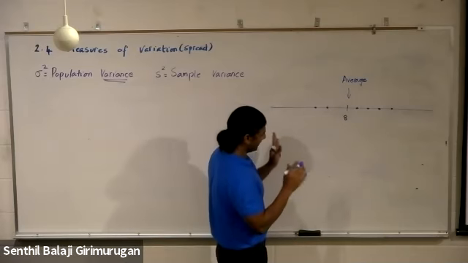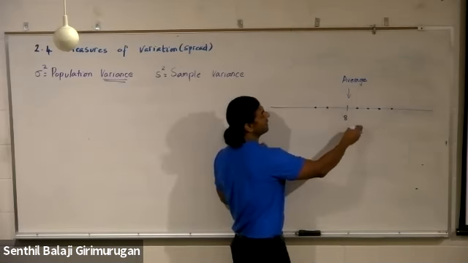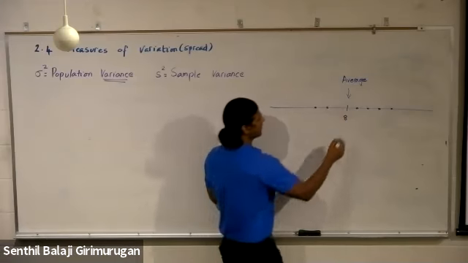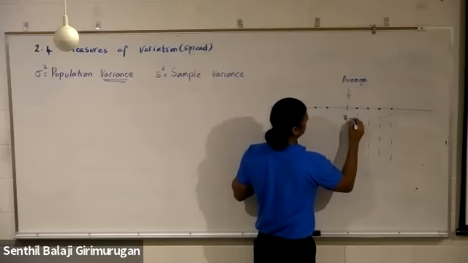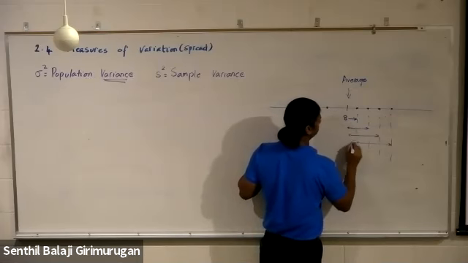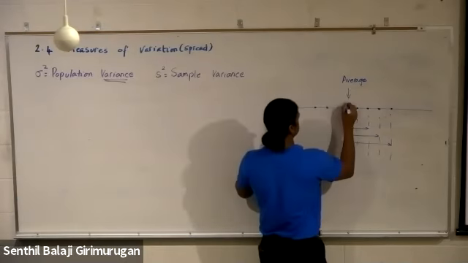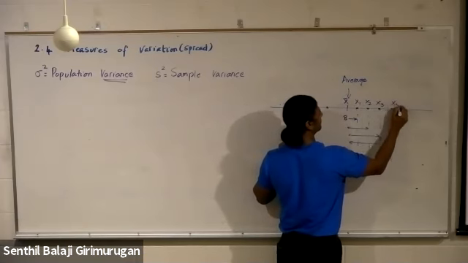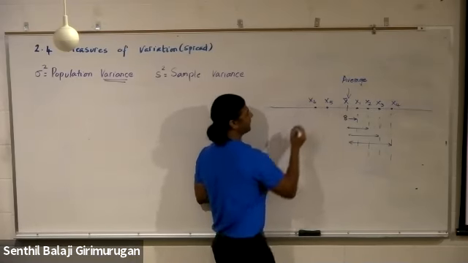So what we would do instead is to look at the average and say, how far does each point lie relative to the average? So you measure the distance between the average, which is x bar. I'll just call this x1, x2, x3, x4. I'll call that x5 and x6, put it backwards.